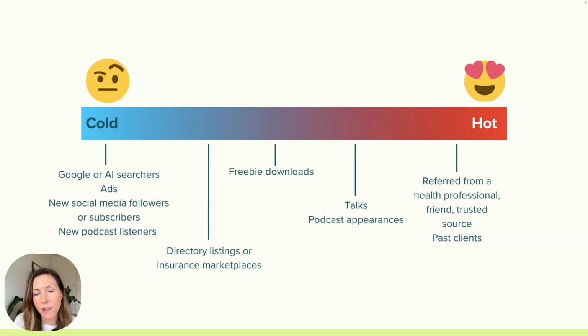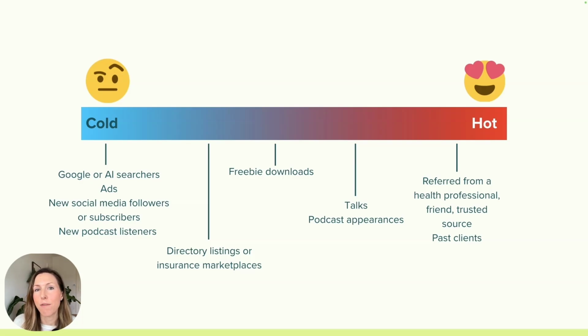What I often see is that practitioners are putting all of their marketing eggs, all of their efforts, on one end of the spectrum or the other, like just posting on social media all the time to cold people. That's a lot of work to move those people from the cold end of the spectrum to the warm end. It can take a lot of time.